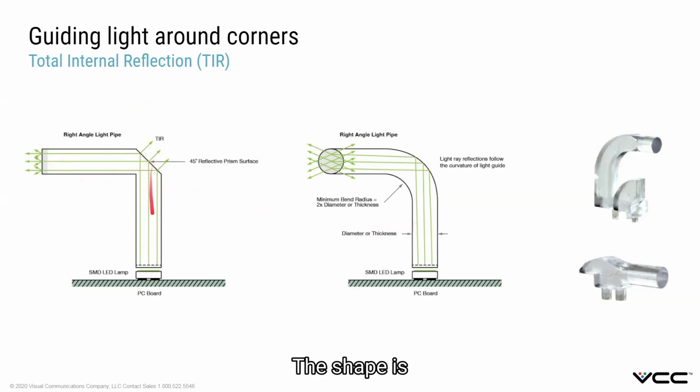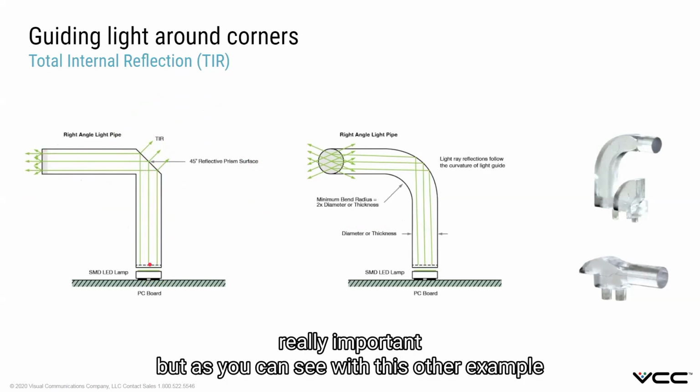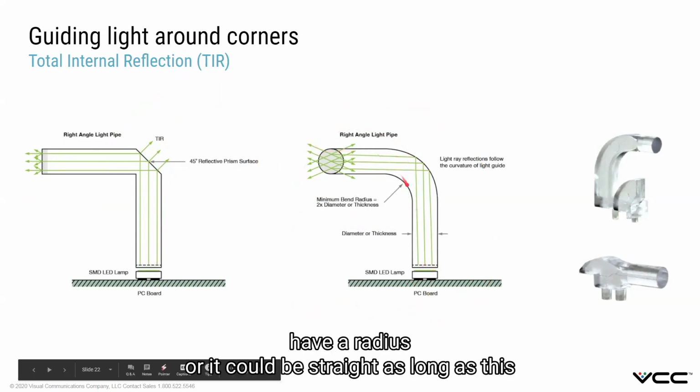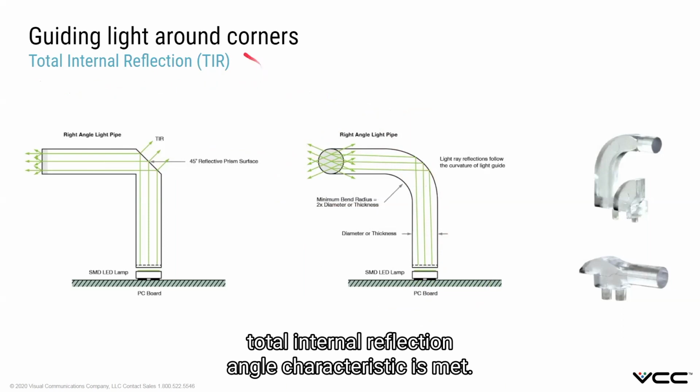The shape is really important, but as you can see with this other example, it could have a radius, or it could be straight, as long as this total internal reflection angle characteristic is met.